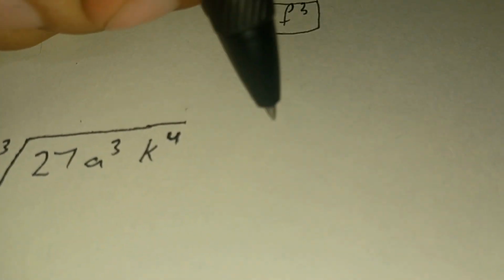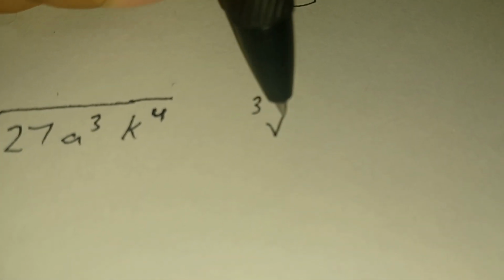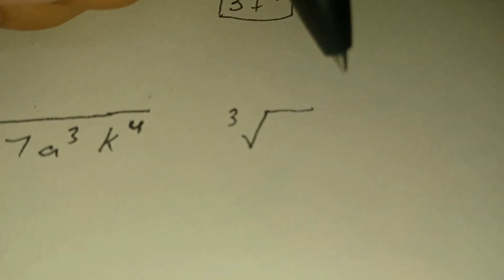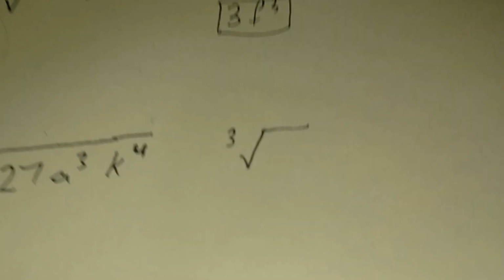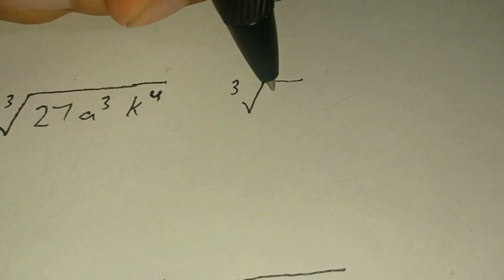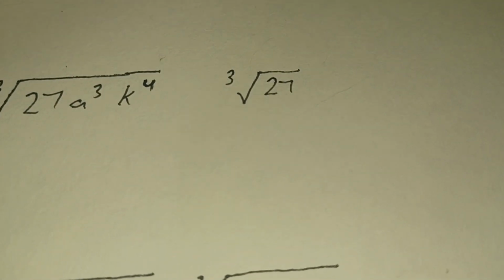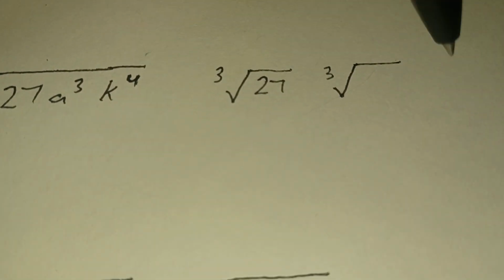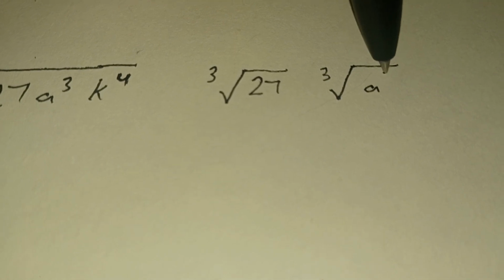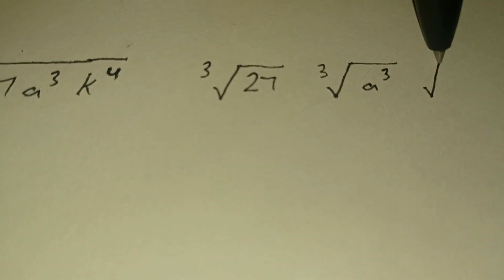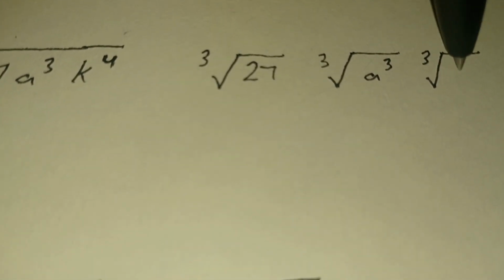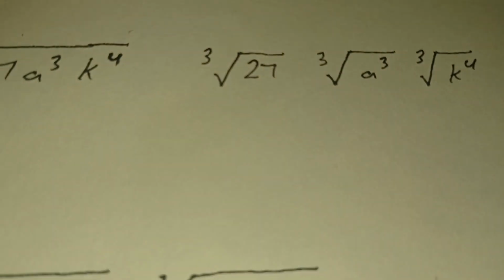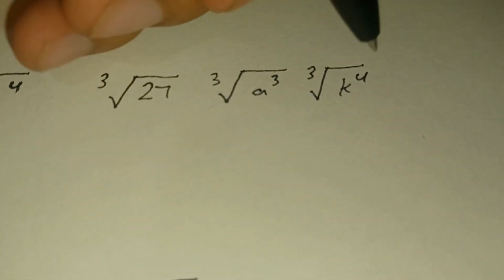I can rewrite this as the cube root of 27 multiplied by the cube root of a to the third power multiplied by the cube root of k to the fourth power. That's a 4, by the way, to the fourth power.